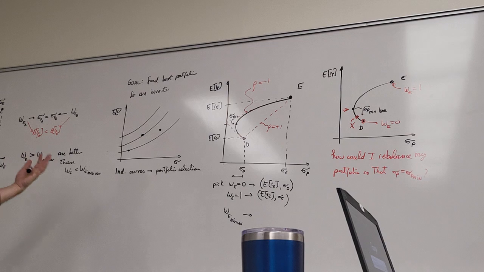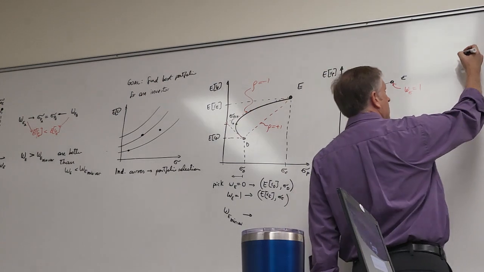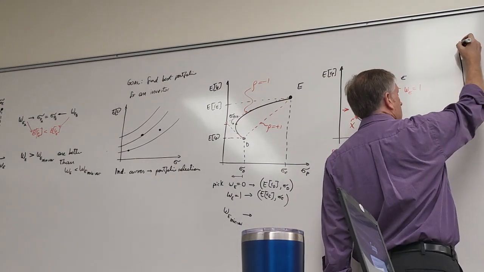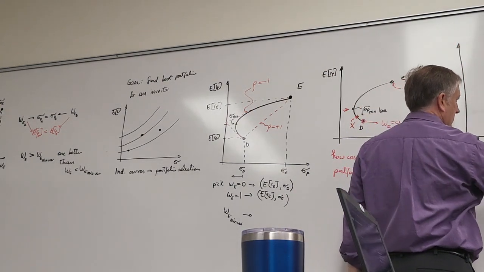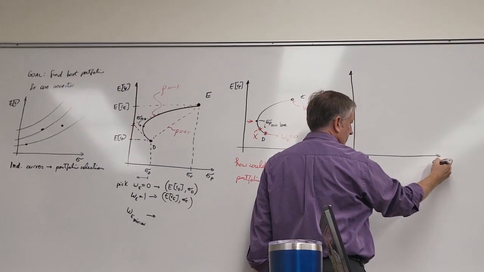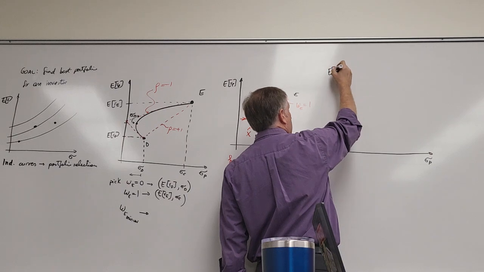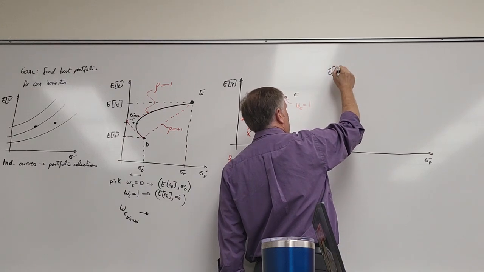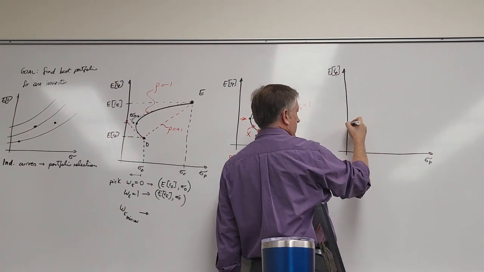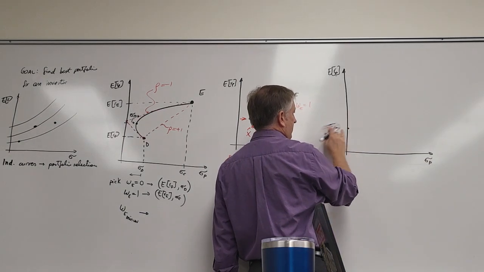So let's see if we can figure out what is the best possible portfolio for this investor. We have this scenario. So this is when you invest all in that.